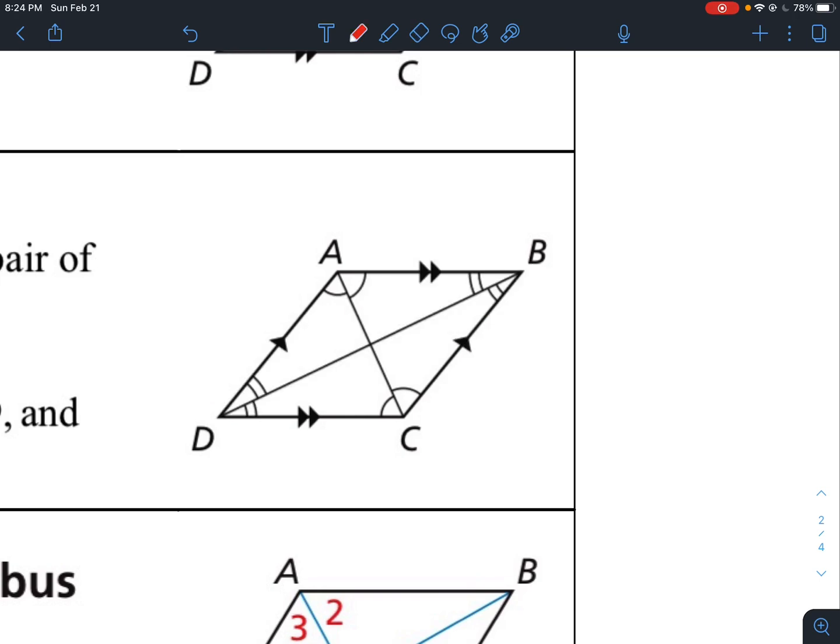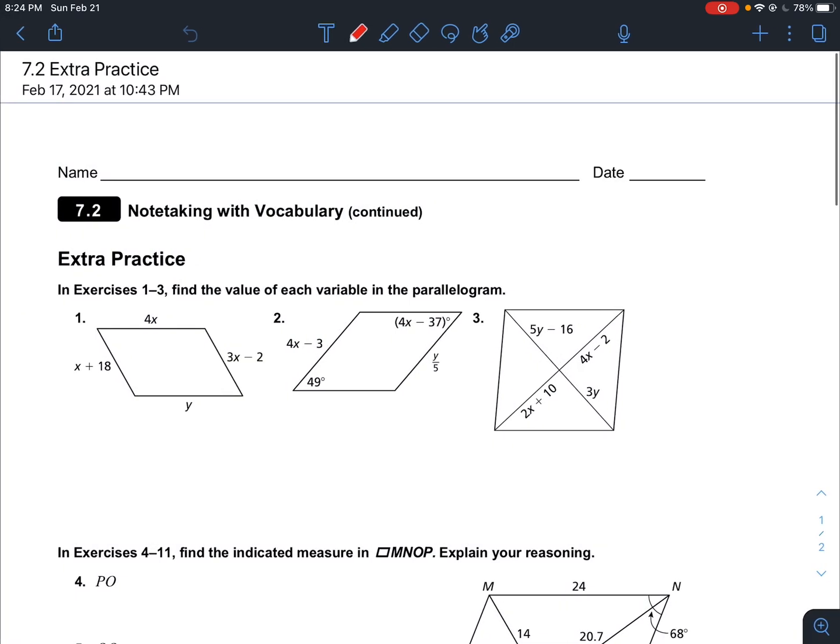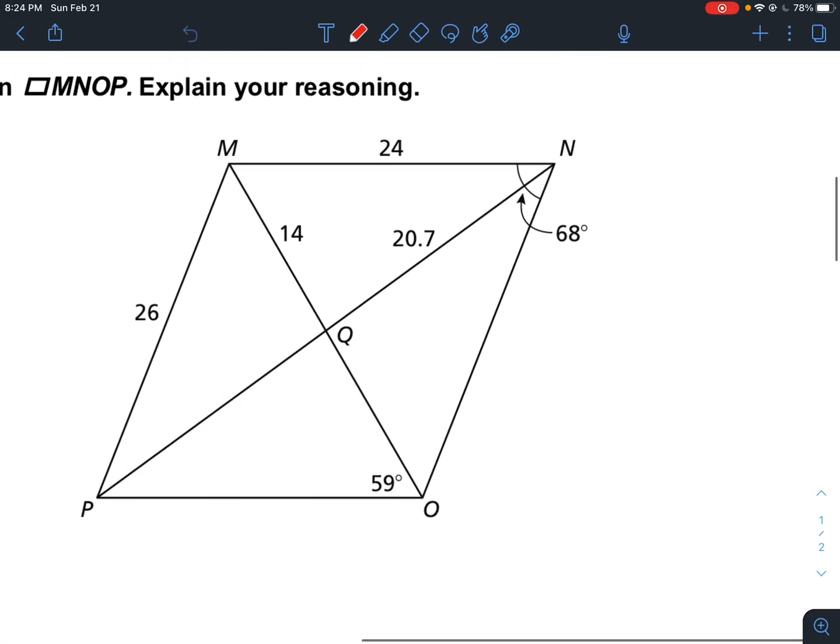So for example, if you remember in the extra practice right here, hopefully you were able to figure this out, this was a parallelogram, and these sides right here are not congruent. So this means that it's not a rhombus. It's still a parallelogram because the opposite sides are parallel, but it's not a rhombus.